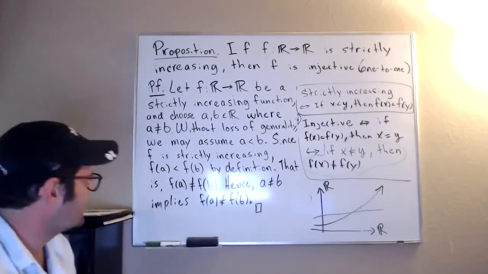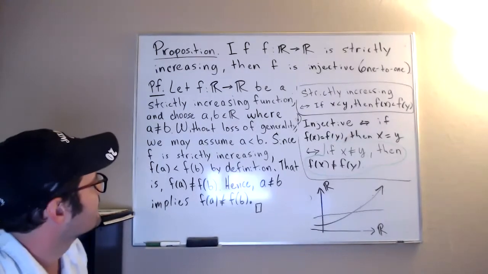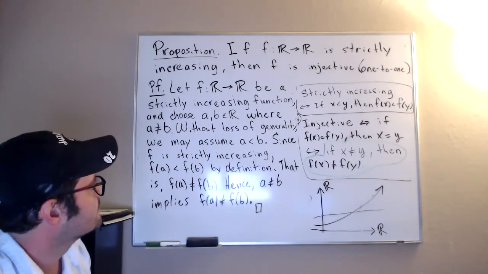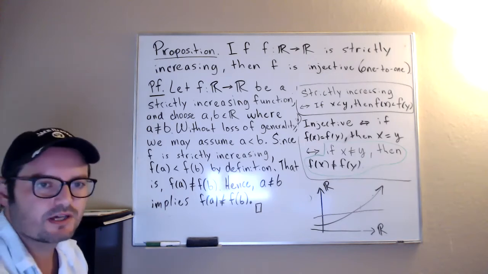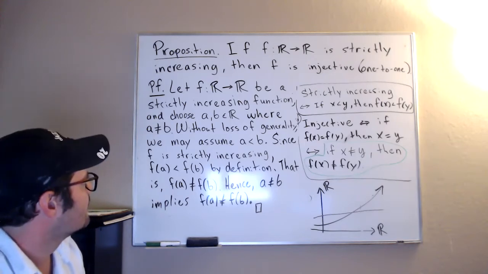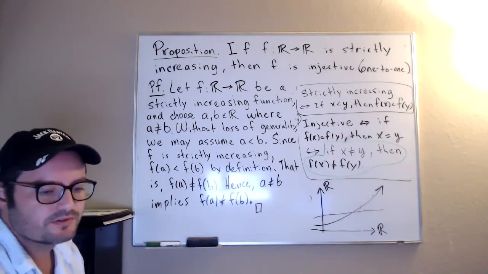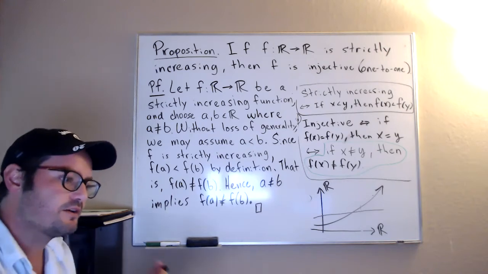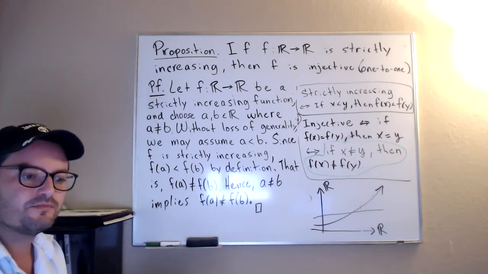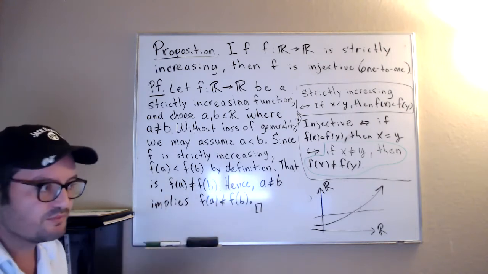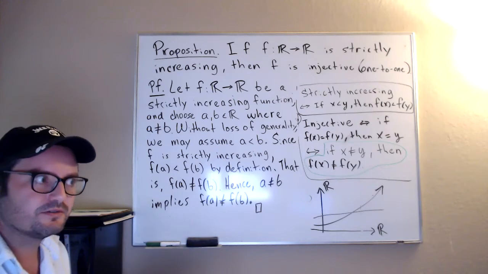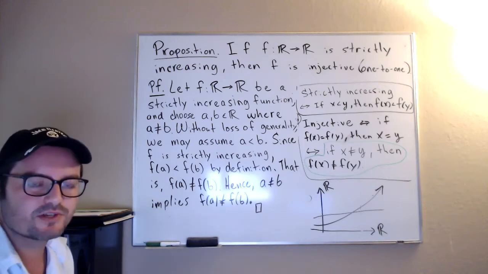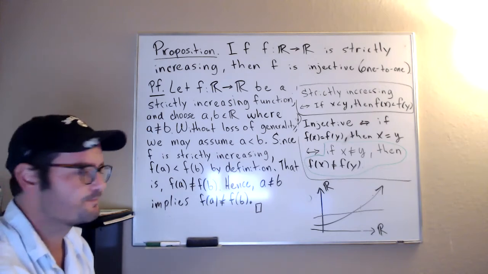So it tells us a lot of information here, right? Because it's strictly increasing, if we have non-equal inputs, one of the outputs is going to be bigger than the other. So it necessarily has to be injective. That's what it's telling us.